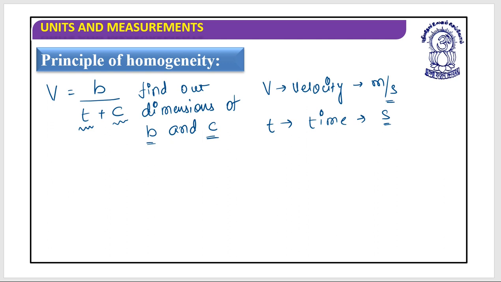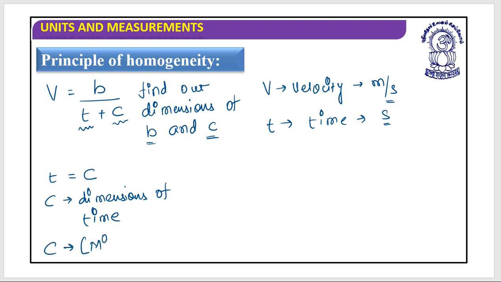These two are related with addition. So when these two are added, dimensions of time and dimensions of c would be equal. So c would have the dimensions of time. If I have been asked the dimensions of c, it is M0 L0 T1.